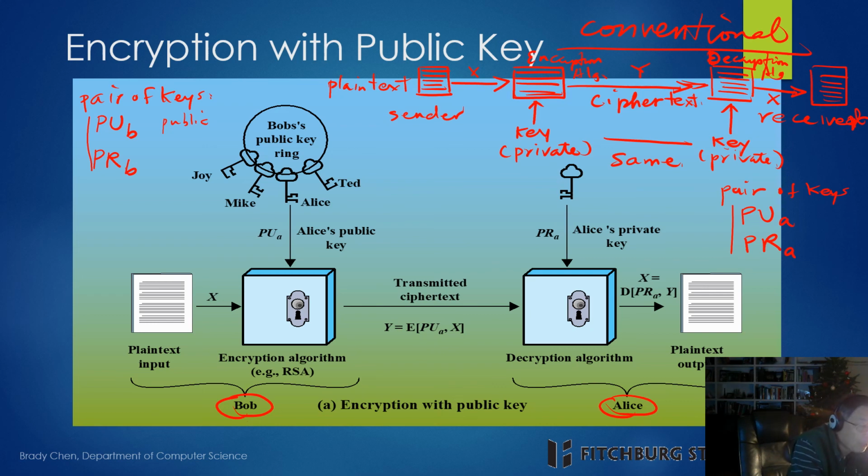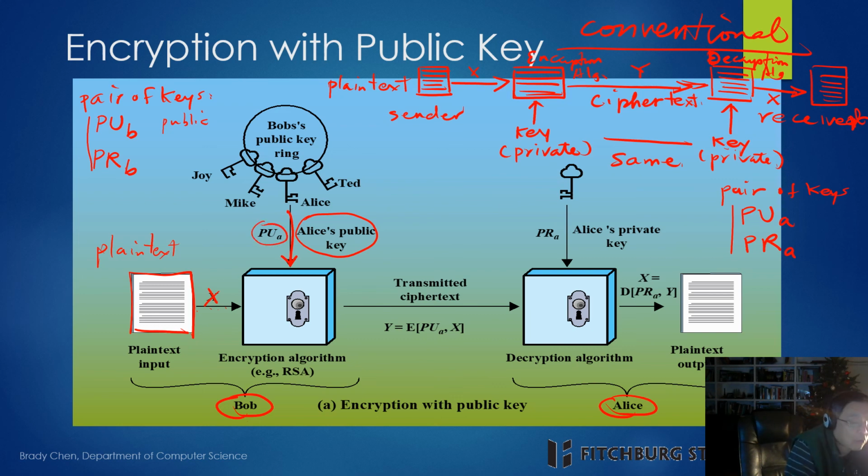So here, when Bob wants to send a message to Alice, suppose that's a plain text message, and that's X. So Bob needs to encrypt it with a key, and that key is Alice's public key. So Bob needs to grab the public key of Alice, that's PUA.